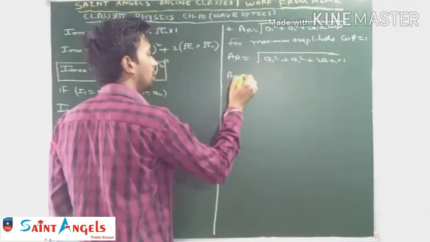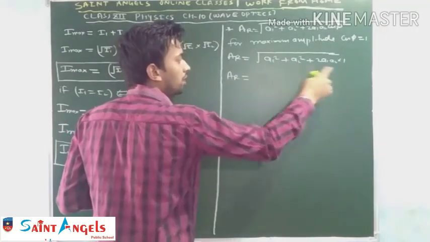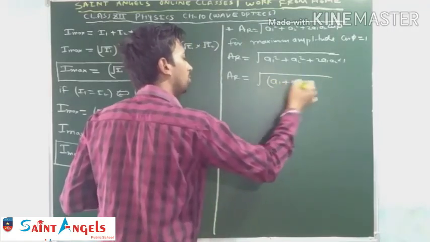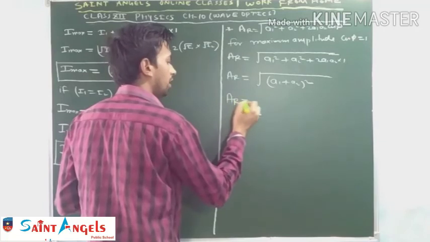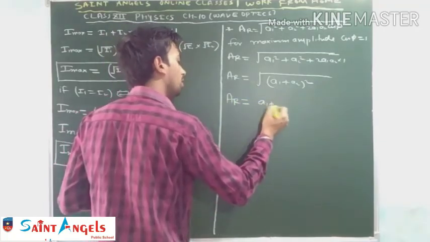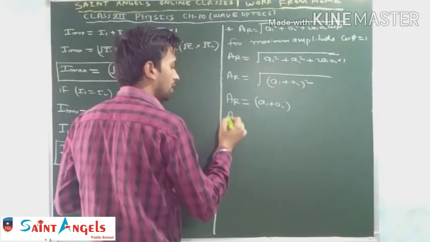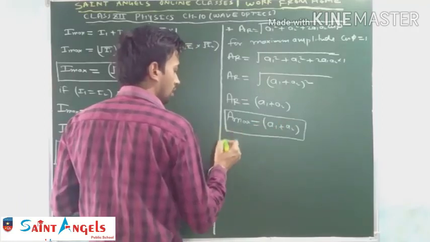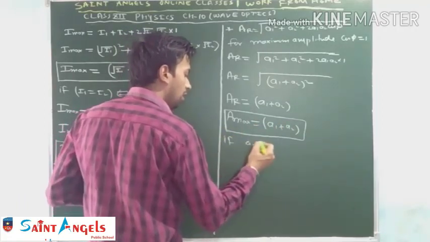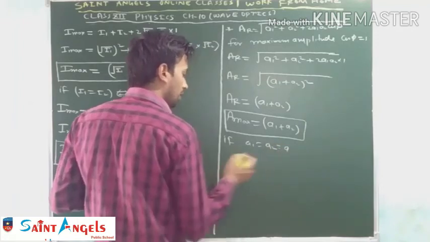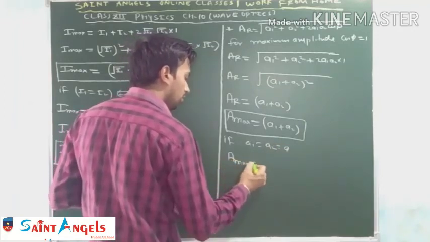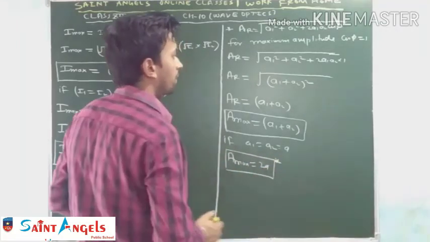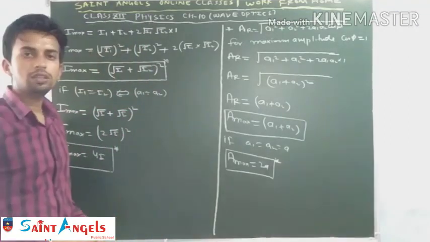By solving we get, this is also the formula of A1 plus A2 whole square. So finally resulting amplitude is equal to A1 plus A2. It means maximum amplitude equal to A1 plus A2. If A1 equal to A2 equal to A, then maximum amplitude is equal to 2A. So please pause the video and note it in your notebook.